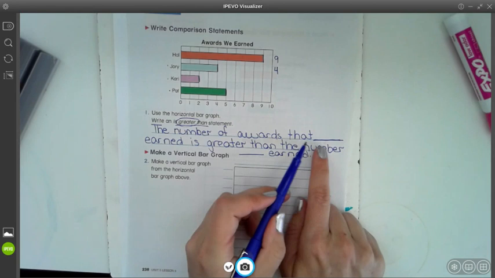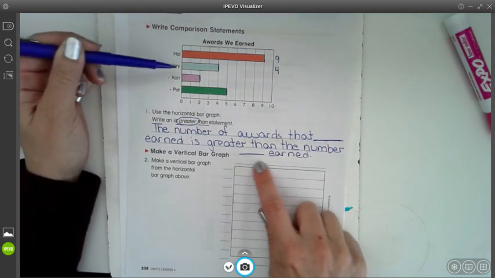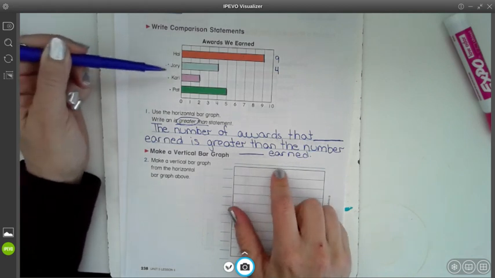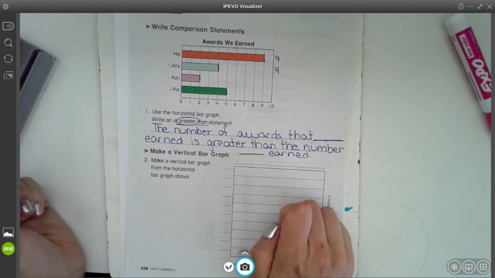I would have put that Hal earned is greater than the number that Jory earned, because you can see that Jory only earned 4 and Hal earned 5.